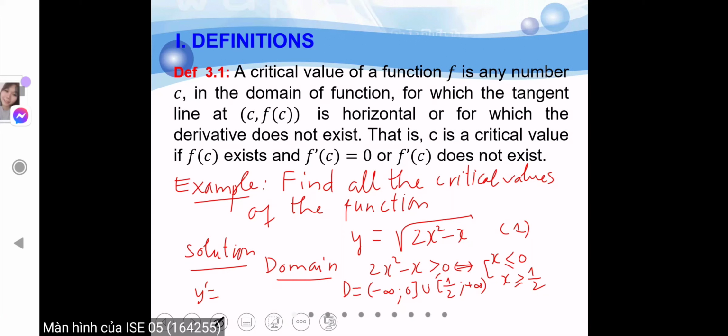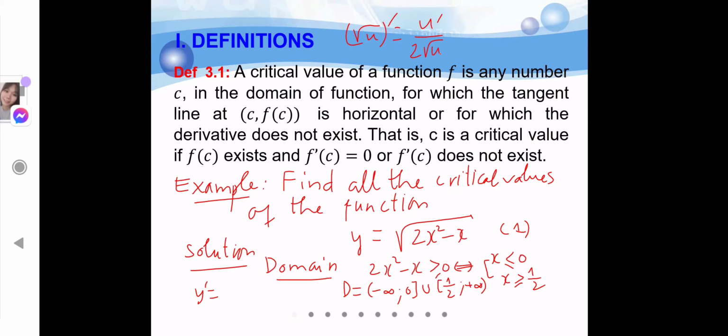You apply the formula: the derivative of the square root of u equals u prime over 2 square root of u. So y prime equals 4x minus 1 over 2 square root of 2x squared minus x.